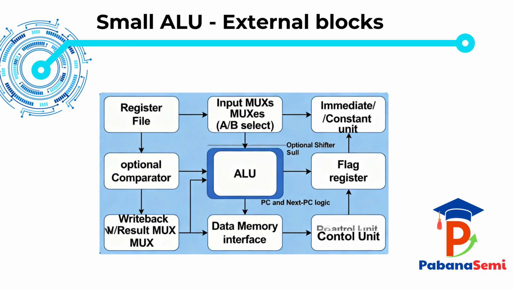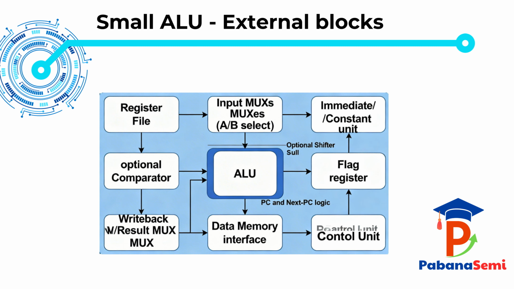An optional shifter may pre-process inputs or post-process results for shift instructions. The ALU then updates the flag register, storing zero, carry, overflow, and sign flags. These flags are critical for conditional branches. Below, the data memory interface connects the ALU to memory operations for load and store instructions.